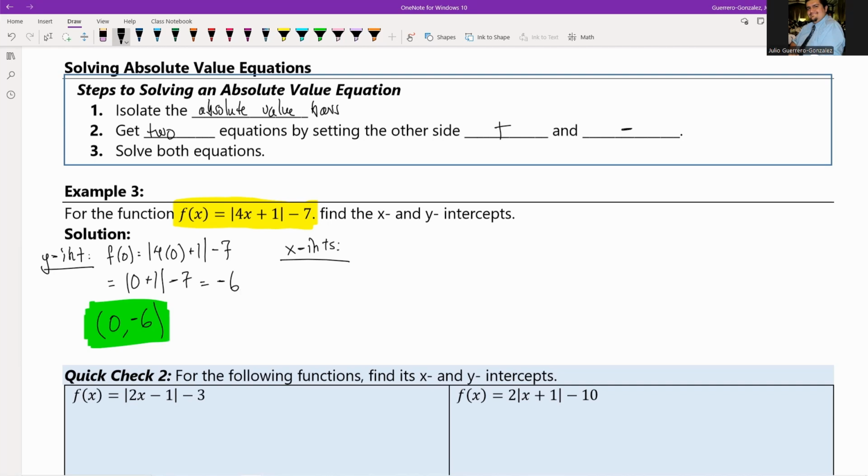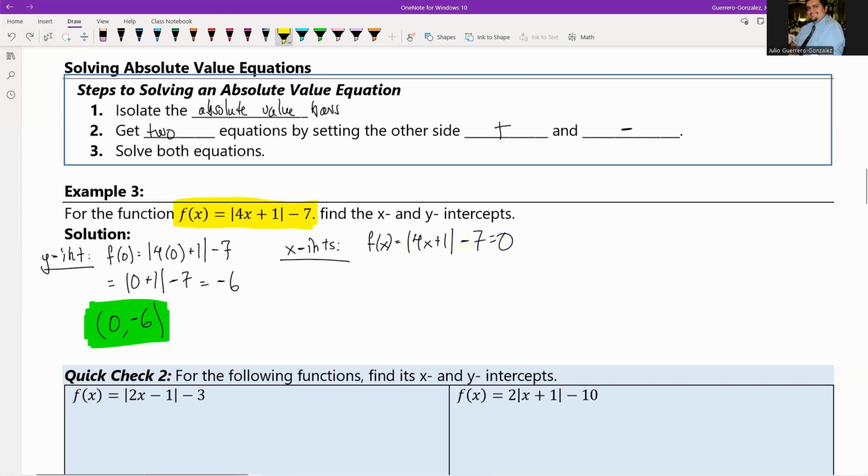So f of x is equal to the absolute value of 4x plus 1, minus 7, is equal to 0. This is the thing that we're going to solve, and that's going to require us to do the steps 1, 2, 3 above it.